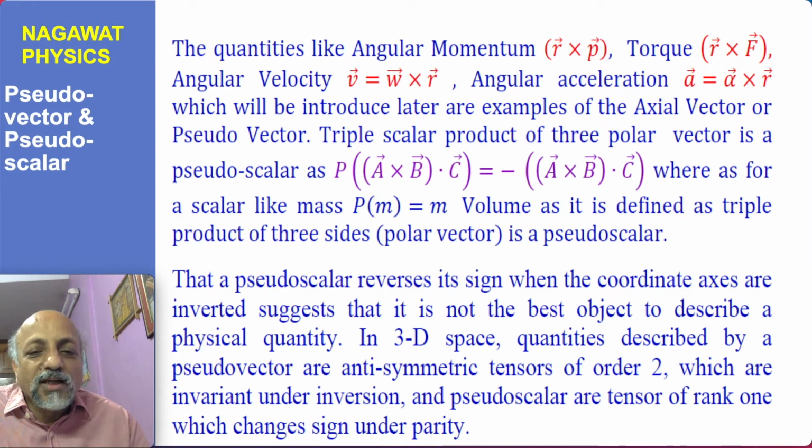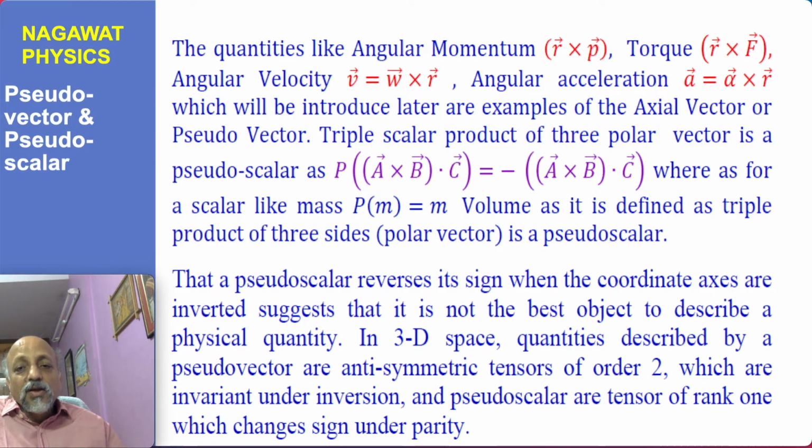In all other terms it is a scalar, but in terms of parity it is called a pseudo scalar because it behaves like a polar vector as far as parity is concerned. So a pseudo scalar reverses its sign when the coordinate axes are inverted or a parity transformation is applied.